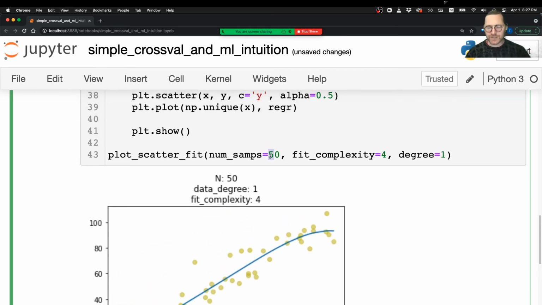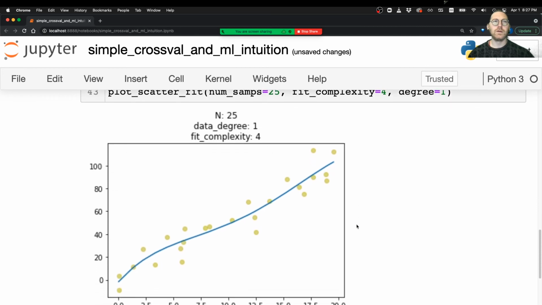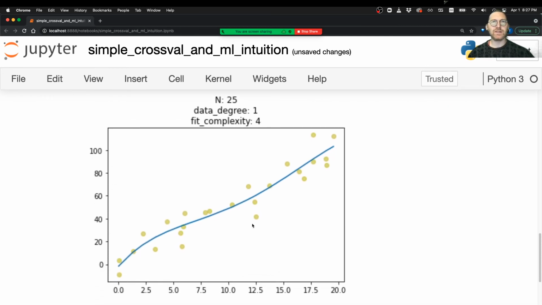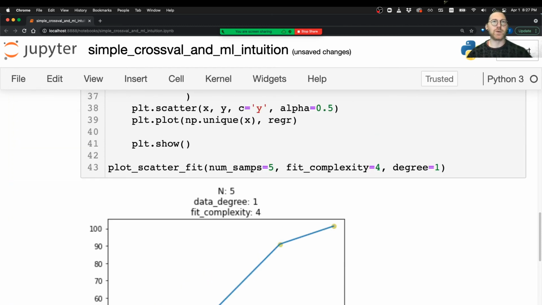And let's reduce this to 25 samples. This line looks reasonable, but we know better because we know better. But in the real world, you don't know better. And let's change this to 5 samples and see what happens.